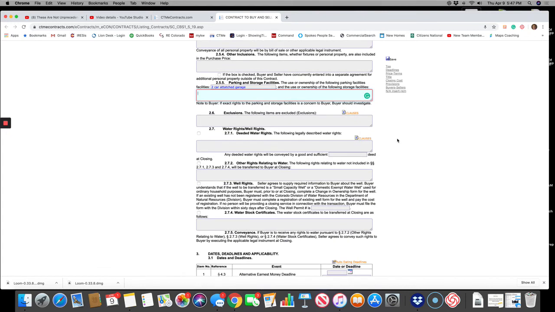In the MLS, a listing should have what all is being excluded with the property. Now, even with a vacant property and in all properties, I preach very much to always put in seller's personal property. Even on a vacant property, when you go through the home, you're seeing it as you're looking at it.